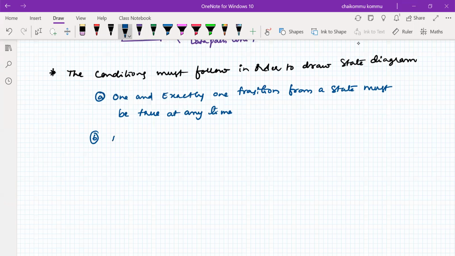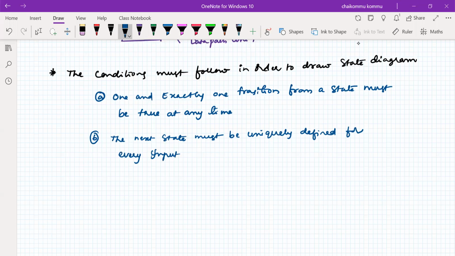The next state must be uniquely defined for every input combination. These are the two conditions the state graph has to follow. Only then can we depict a meaningful state diagram for your application or operation.